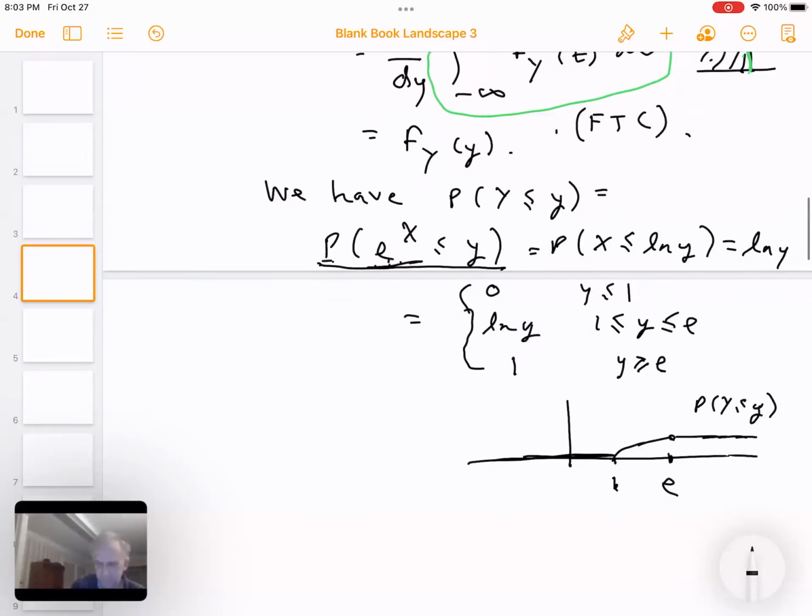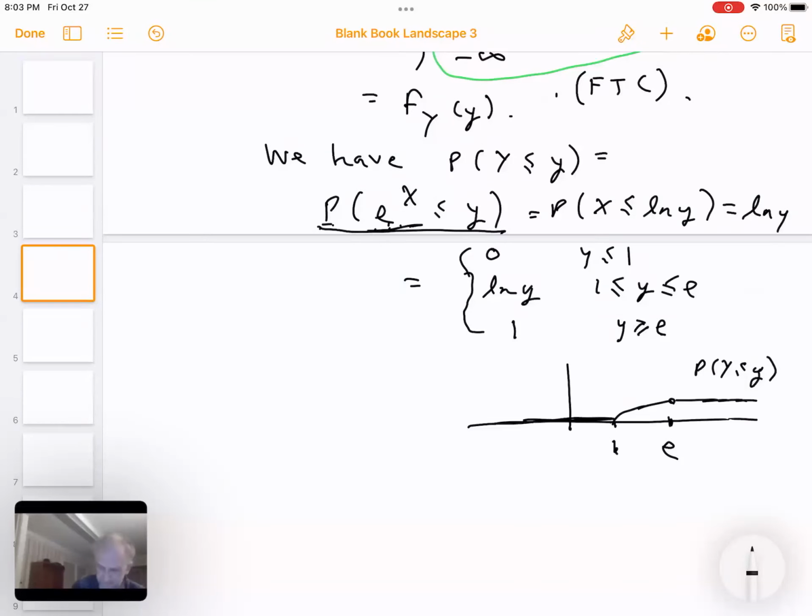Okay, so for the PDF, I just take the derivative. So using the fact above, the PDF of y, where y is e to the x and x is uniform 0, 1, is just equal to the derivative of this. And this is kind of fun.